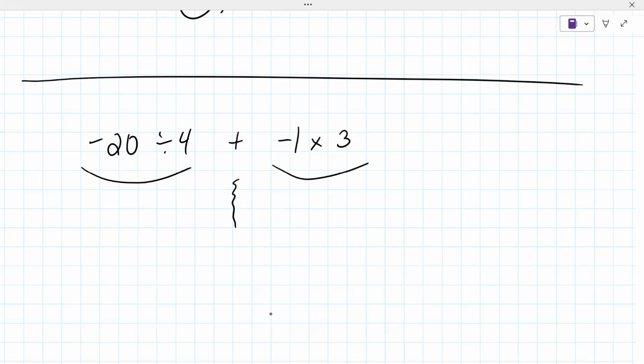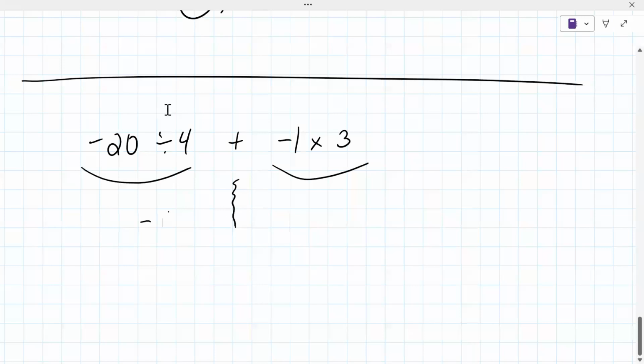What I got for negative 20 divided by 4, I got negative 48. I think it's wrong.